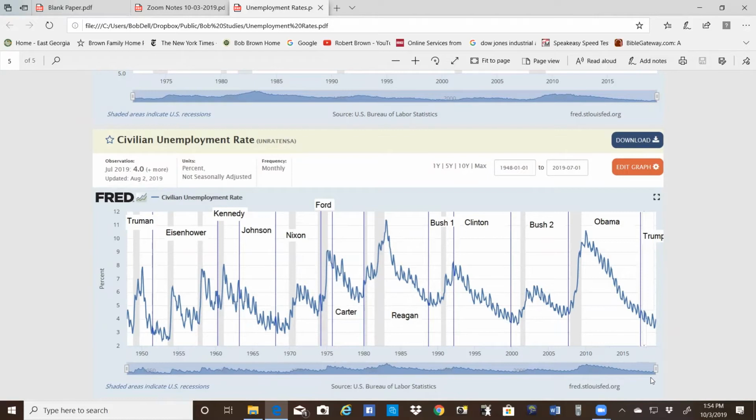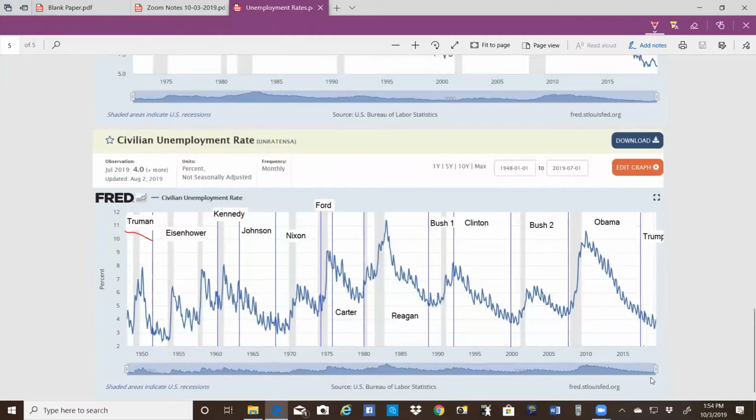And I also put in each president, all the way from Truman, Eisenhower, Kennedy, Johnson, Nixon, Ford, Jimmy Carter, Ronald Reagan, Bush, Clinton, Bush, Obama, and now President Trump. Okay. And what do you see? It going up and down under just about every president.